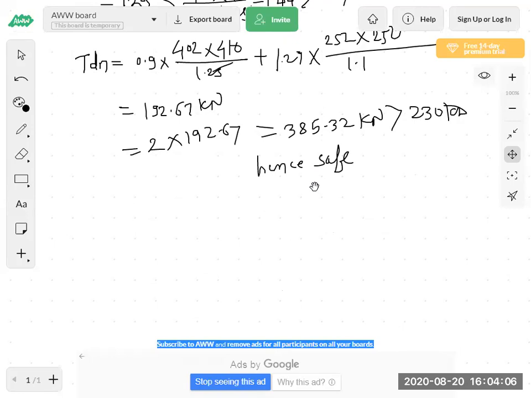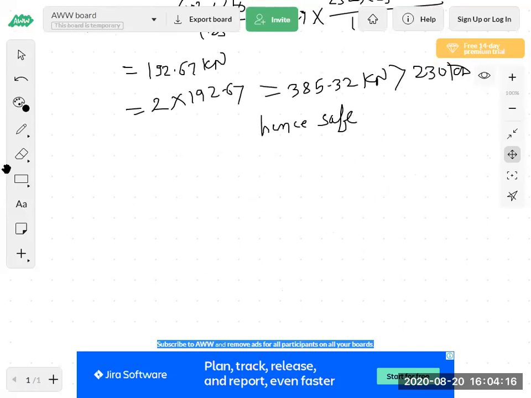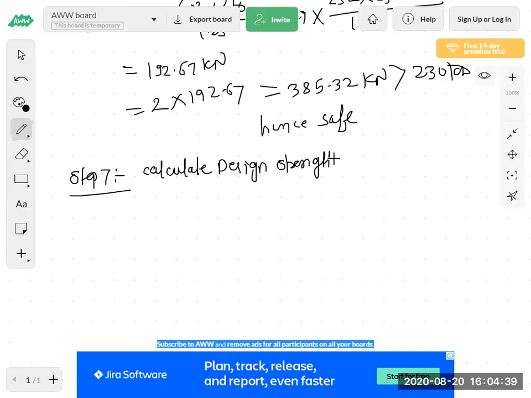Okay, here we need not calculate the block shear failure, but we will solve it first because block shear strength is always greater here, so we will calculate block shear strength also. So next step is step number 7. Calculate design strength due to block shear.